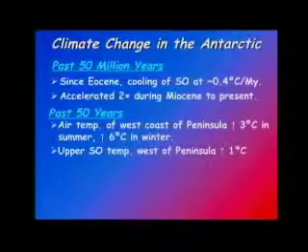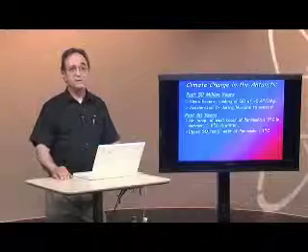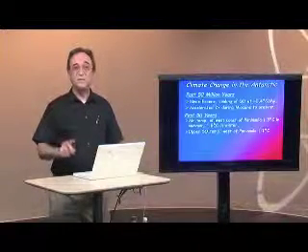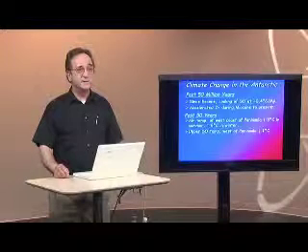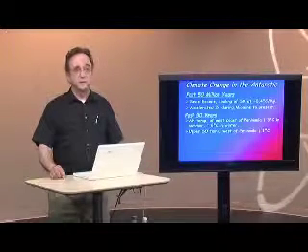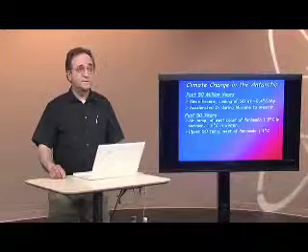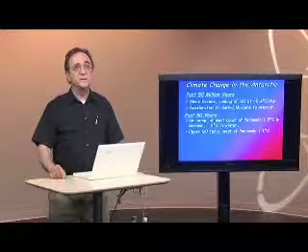We know that the upper Southern Ocean temperature, about the upper 100 meters or so west of the peninsula, in 50 years has increased 1 centigrade degree. That is astounding. That tells us that in 200 more years it will be up another 2 degrees centigrade.